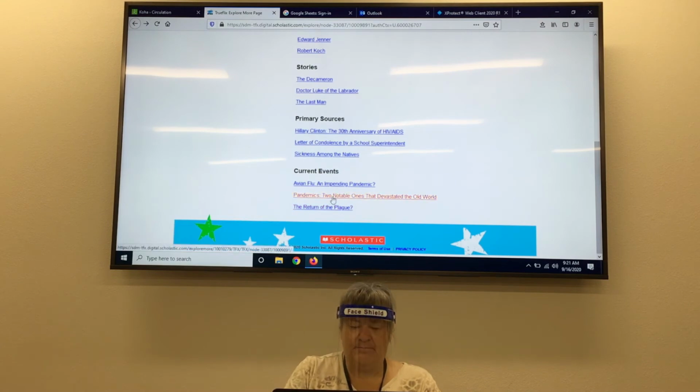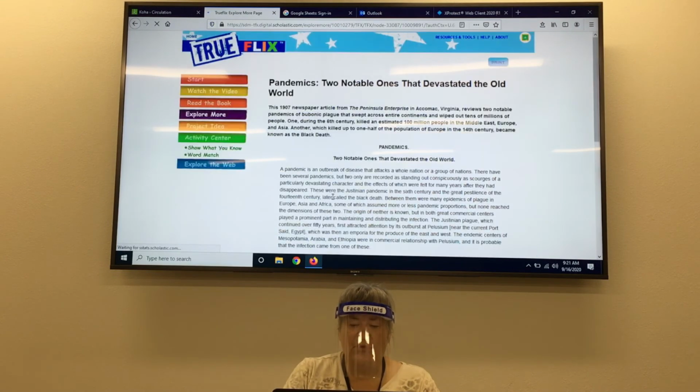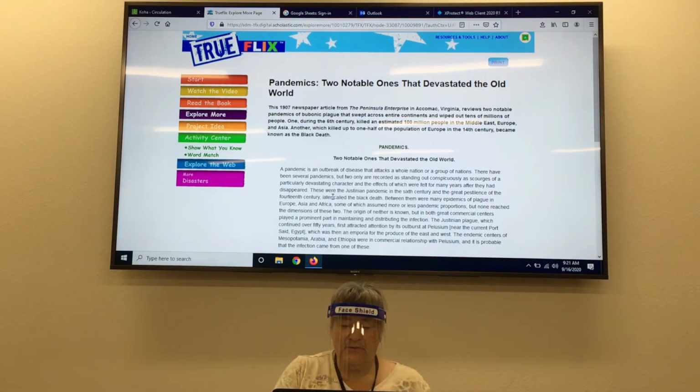I kind of looked at pandemics, 2 notable ones, to find out what were some other pandemics. We have COVID-19 right now, 2 other ones. It says a pandemic is an outbreak of diseases that attacks a whole nation or a group of nations.